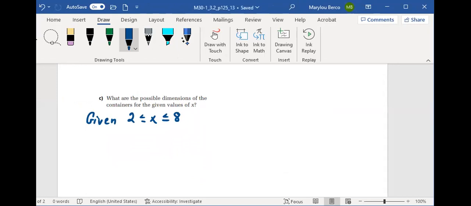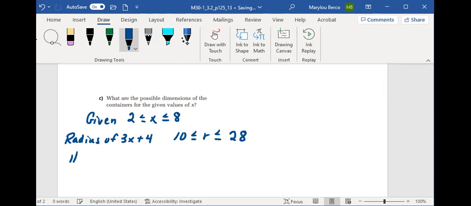So for the radius, which is 3x plus 4, we simply substitute our boundary numbers. 3 times 2 is 6 plus 4 is 10, is less than or equal to r, is less than or equal to 8 times 3 is 24, plus 4 is 28. So the radius is between 10 and 28.